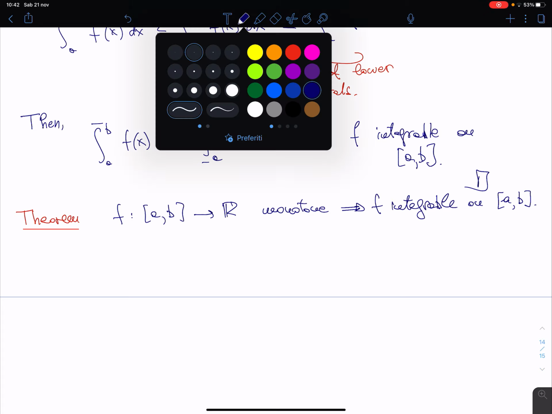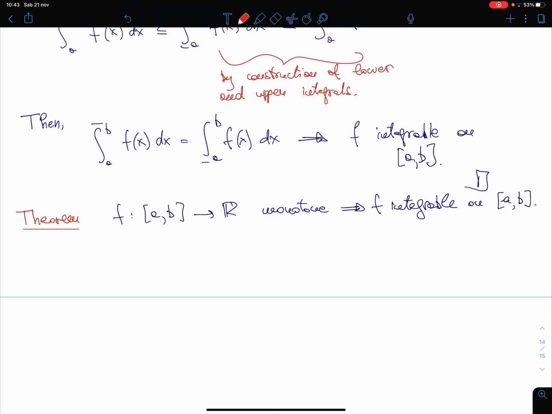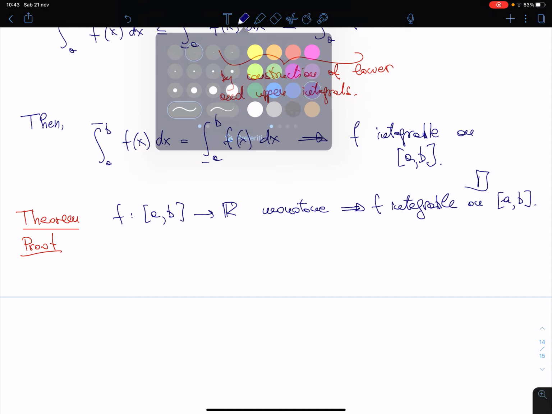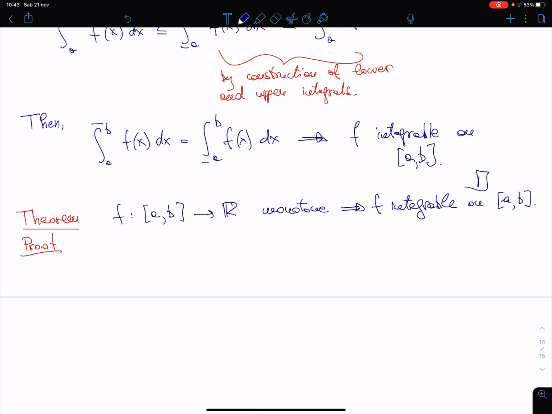And so we go immediately to the proof. Consider again the democratic partition where all intervals are equal.